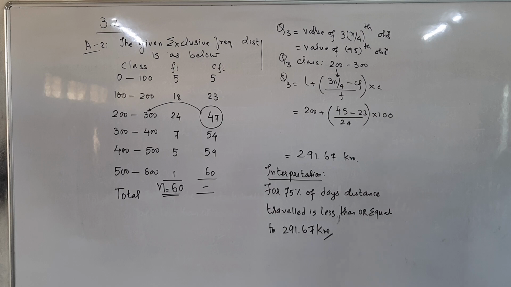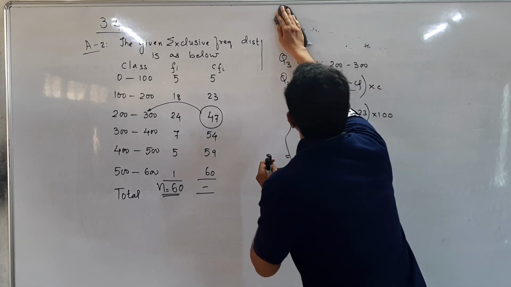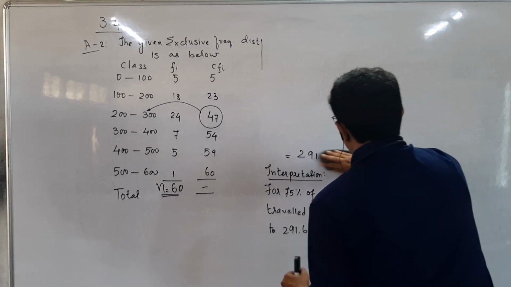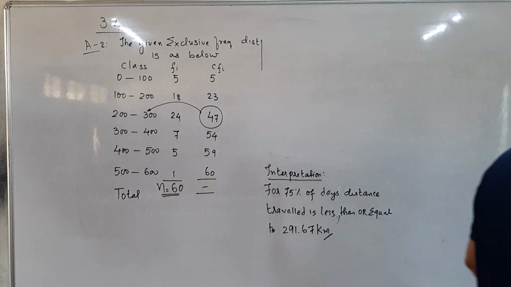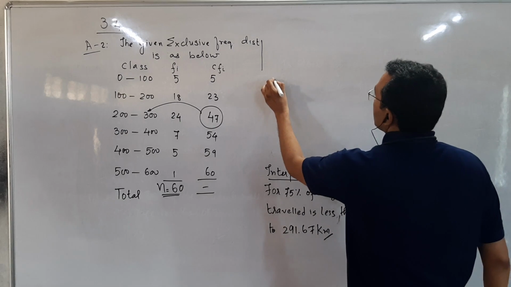Now students, the next measure is D8. Okay. So the next measure is the 8th decile. Now students, pay attention. D8. Now what is the formula of D8? All of you recall.